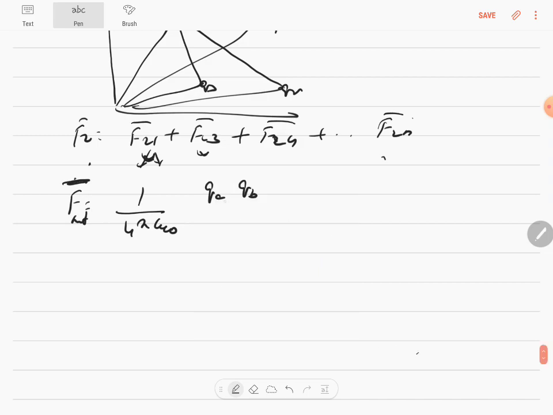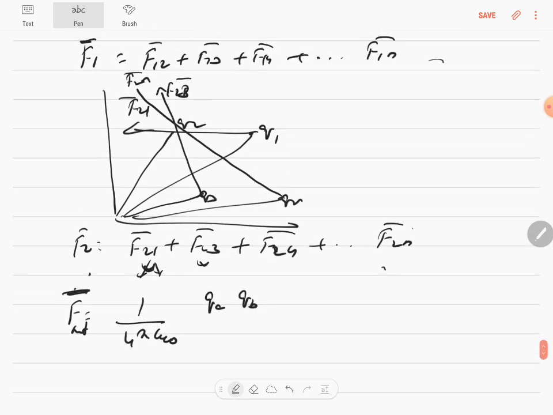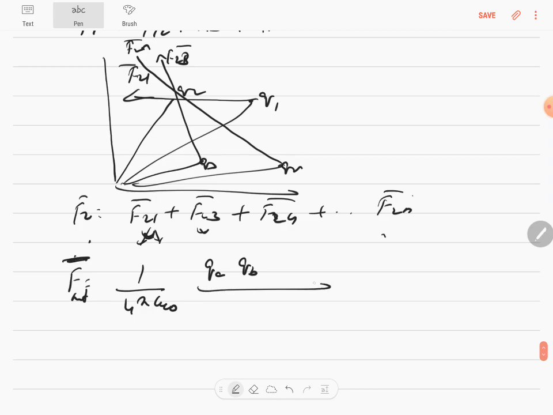It is 1 by 4 pi epsilon naught, Q1 Q2 by R square, which will be written as the vector RA minus RB the whole cube, into the vector RA minus RB, and a summation here where A is not equal to B. A is 1, B can be 2, A is 1, B can be 3, and so on, where A and B can range from 1 to n.